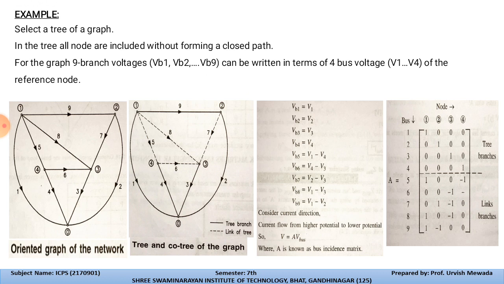So we will get 9 different voltages, that is VB1 to VB9, and that can be written in terms of 4 bus voltages. So we have the 4 buses, that is V1 to V4 with respect to the reference node. So for this we are writing the voltage equations.